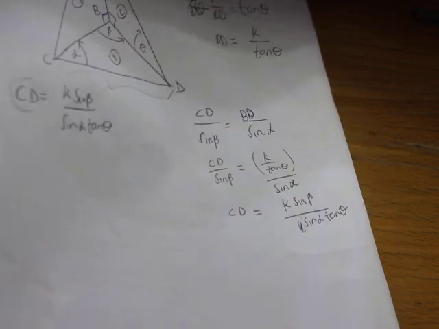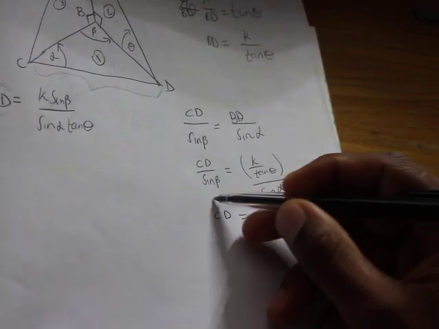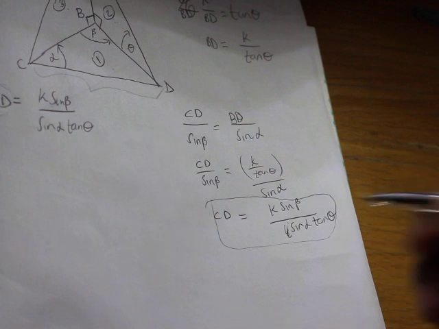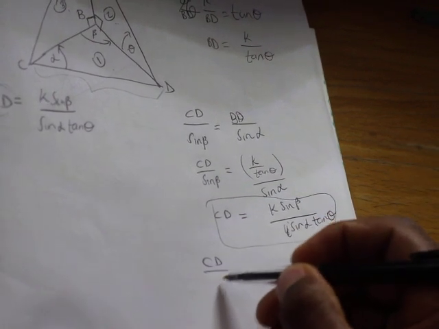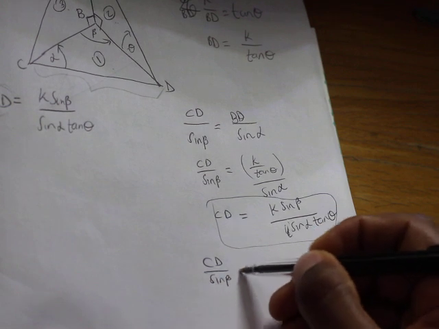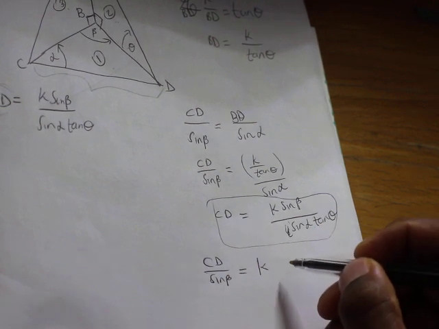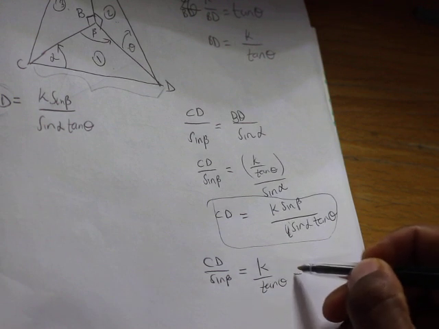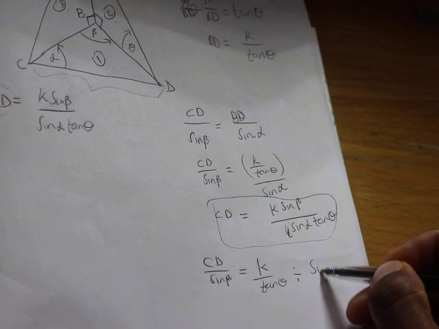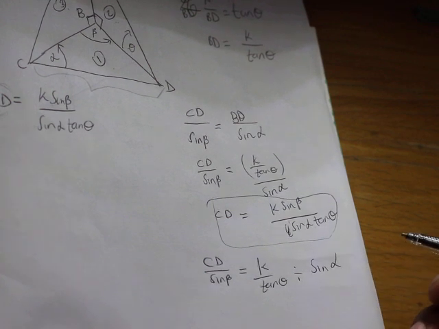But some of you might not understand how this came about. So let's just say CD over the sine of B is equal to K over tan theta divided by the sine of alpha.